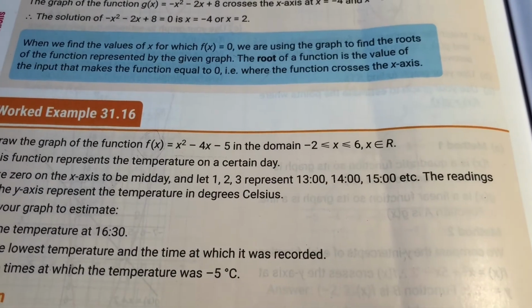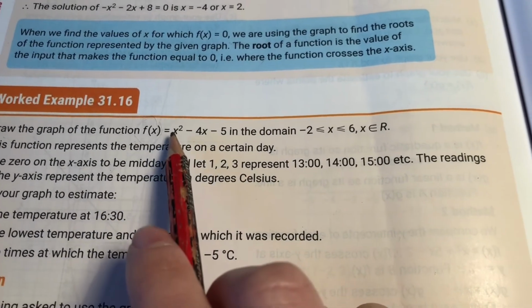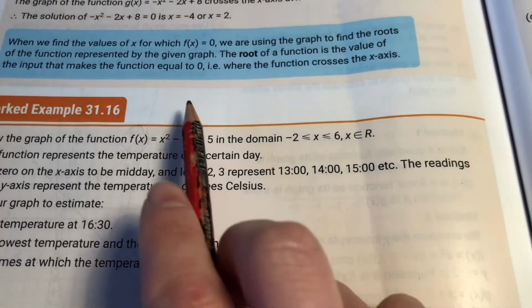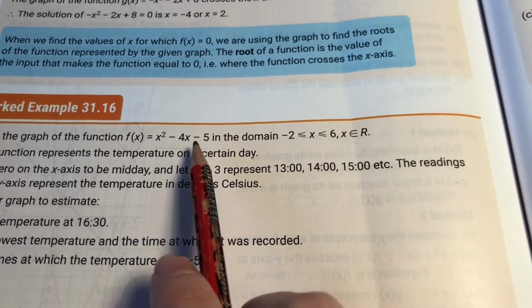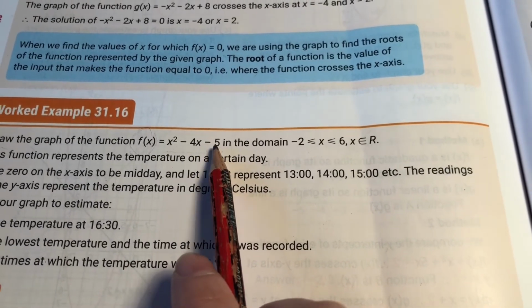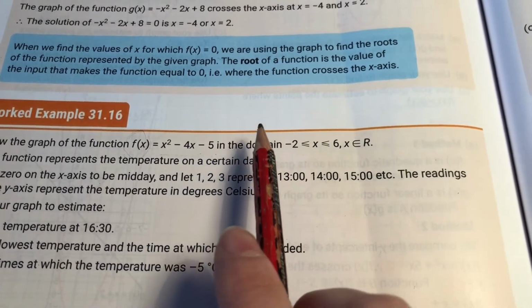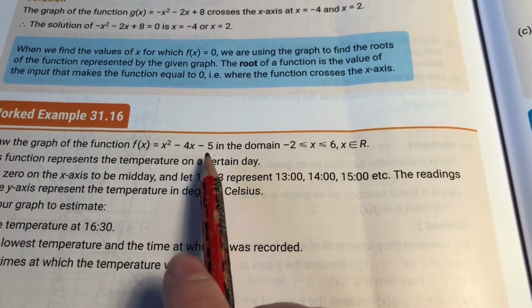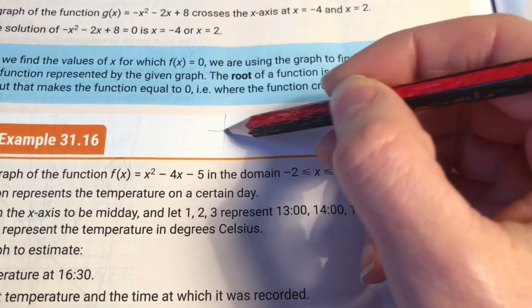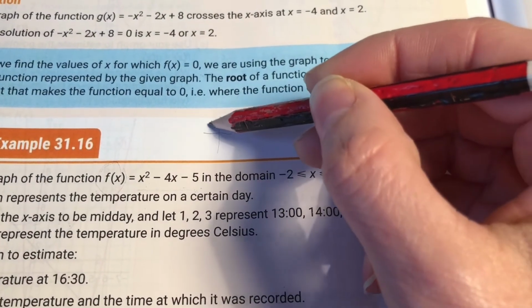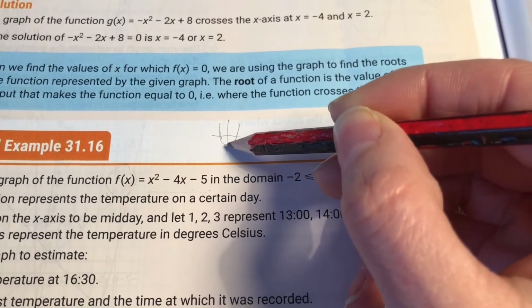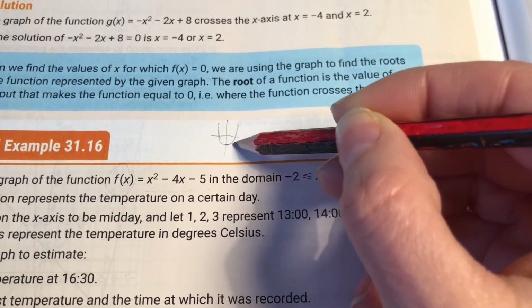It's going to be a parabola, a curve, and the x squared term is positive, it's not negative, so it's going to be a smile, and also the number that's not attached to x is minus 5, so it's going to cross the y-axis at the number minus 5. So if we were to do a quick sketch, you would know that it would look something like this, and that point there would be minus 5.